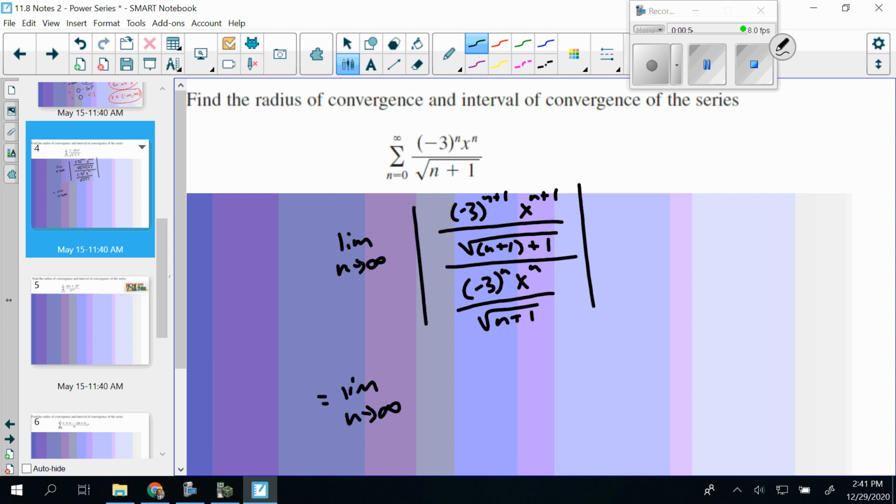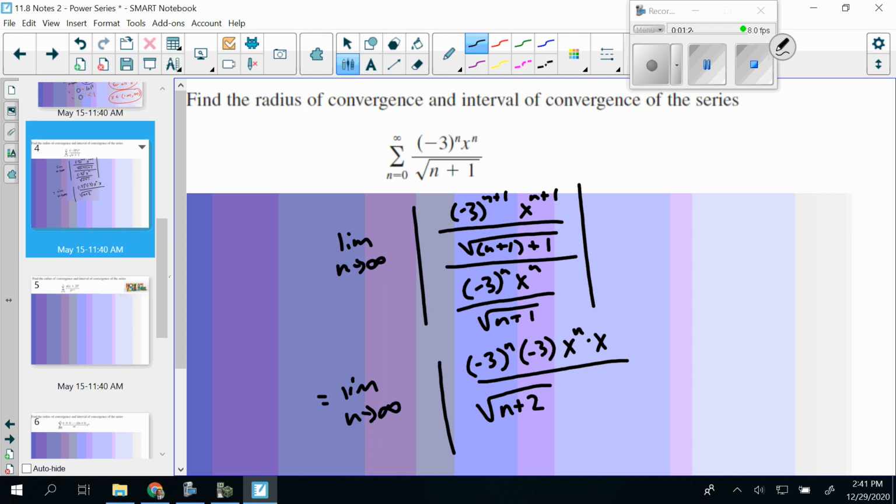Let's separate this into negative 3 to the n times another negative 3. Let's do the same thing with our x to the n, times an additional x. This is all going to be over the square root of n plus 1, which would be n plus 2.